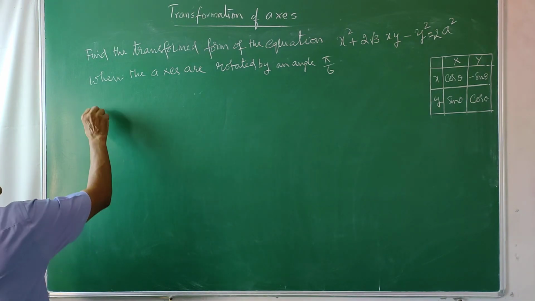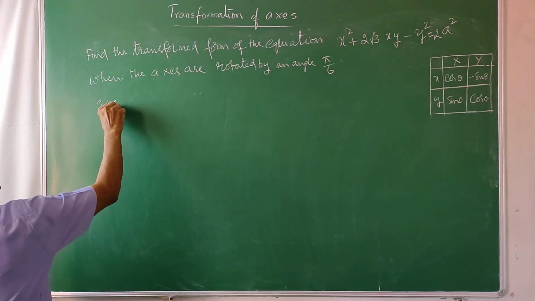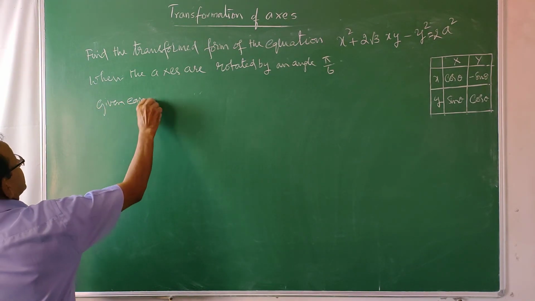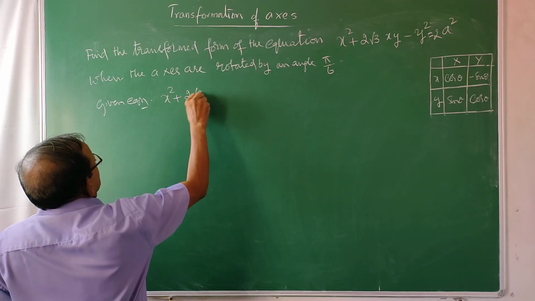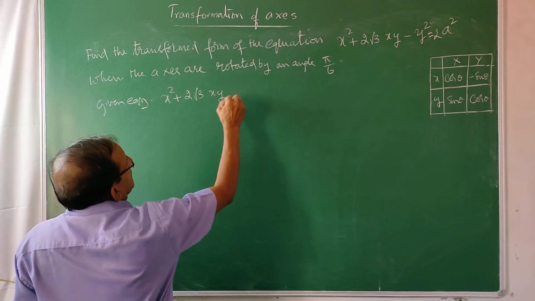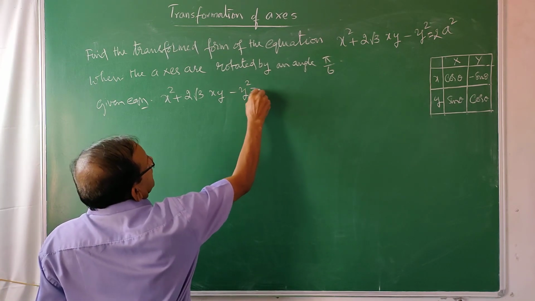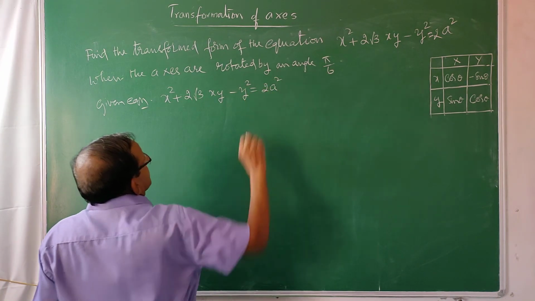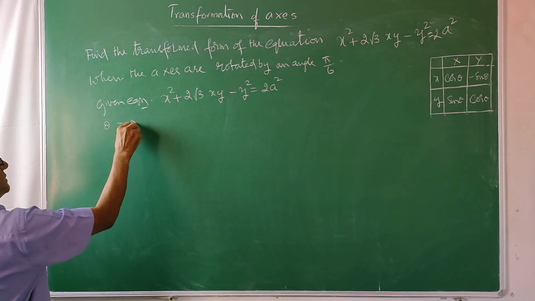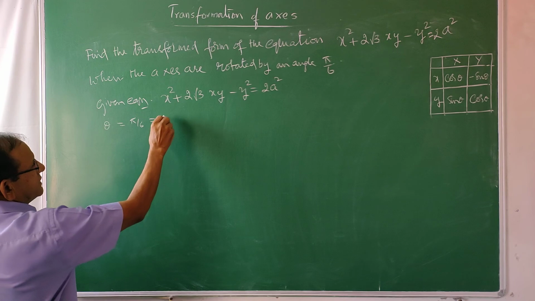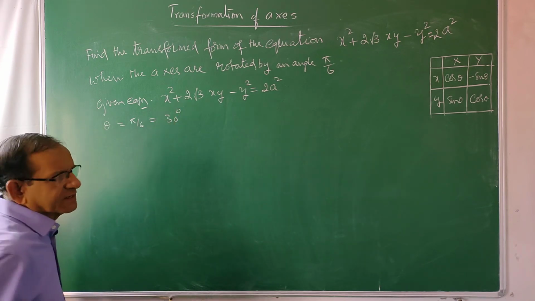Now let us take the given equation first. The given equation is x square plus 2 root 3 xy minus y square equal to 2a square. Theta is given as pi by 6. If you convert it into degrees, it is equal to 30 degrees.